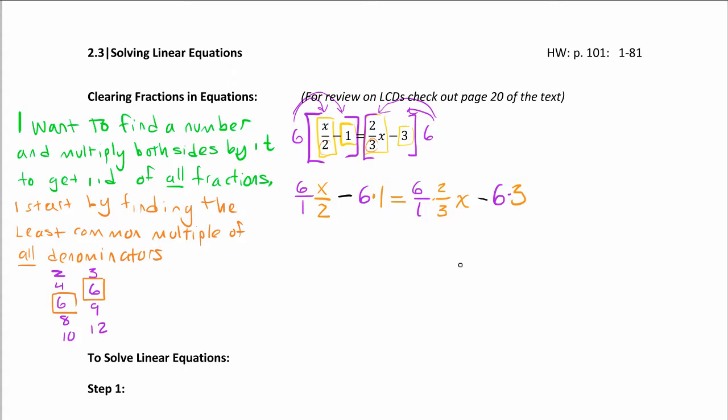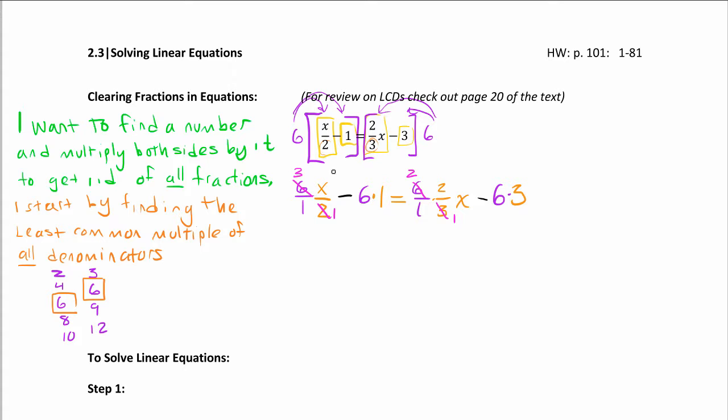Now I can go through and simplify all these, and my terms with fractions are going to have some nice simplification with my upstairs, downstairs. Here I have a 6 upstairs and a 2 downstairs, and because 6 is 2 times 3, that's going to cancel to a 3, and that's going to cancel to a 1. Over here, this is going to cancel to a 2, and that's going to cancel to a 1.